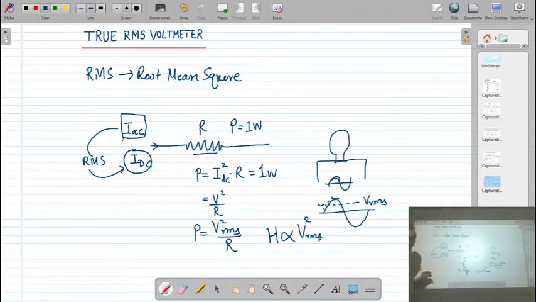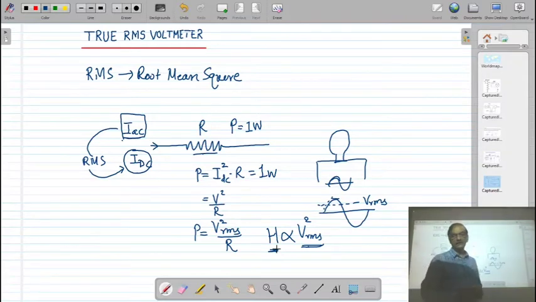Remember that the heat produced is proportional to the square of the RMS value. So if I want to measure the RMS value, instead of measuring the RMS directly, I can measure the heat. Heat means we can measure the temperature, and you can calibrate it in terms of the RMS voltage.